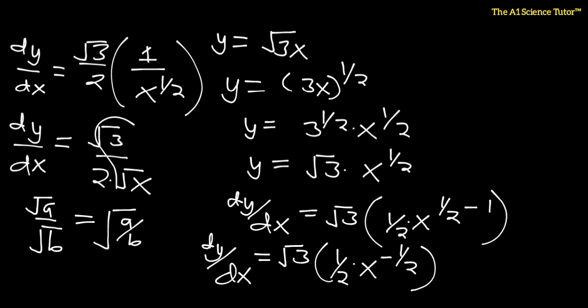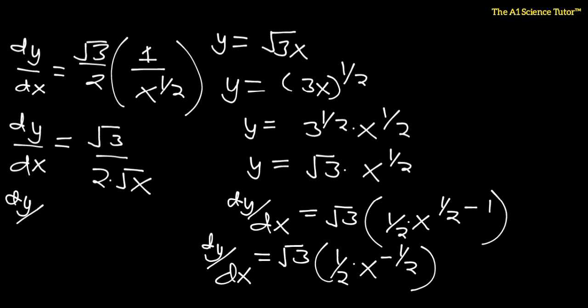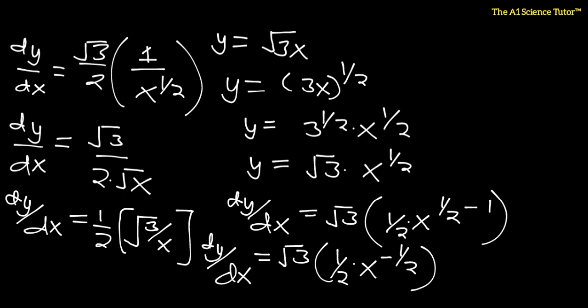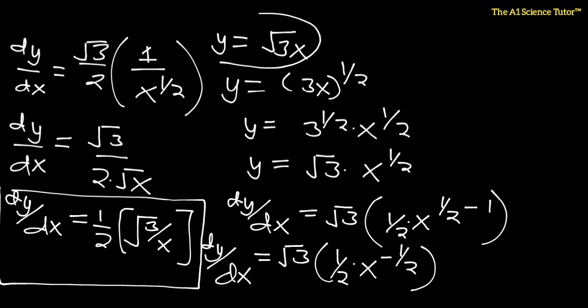So I could change this and make it look in one form. So let us try to do that. Now dy dx will be 1 over 2 multiplied by root of 3 over x. So this is the most basic form of the answer to the function y is equal to root 3x.